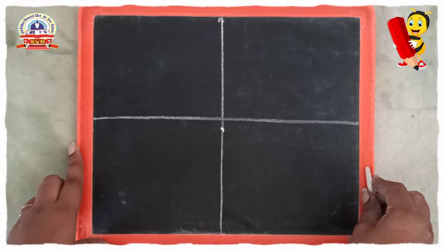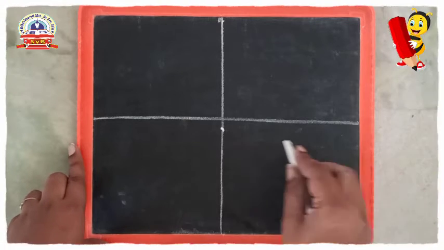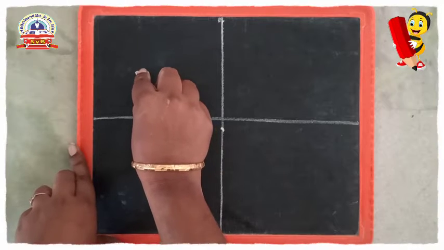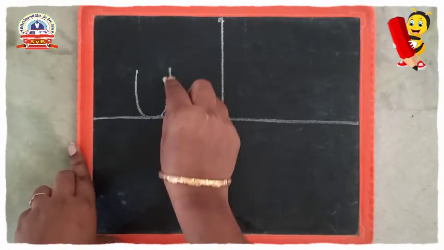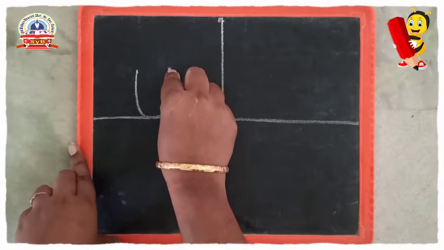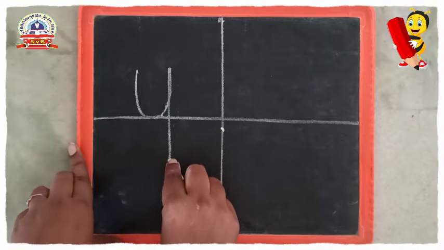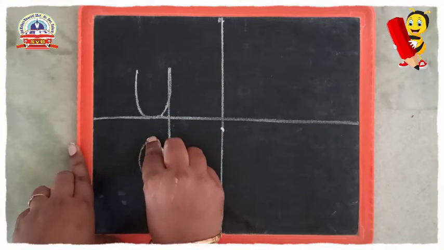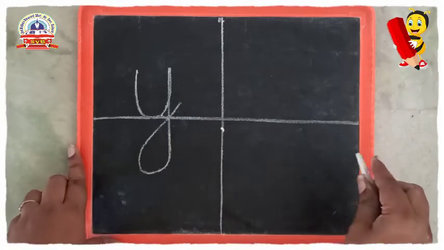Yes, good. E. Tell me children, sound of Y is E. See here, upper curve should touch the hanging line, then standing line should come down, then curve goes up.